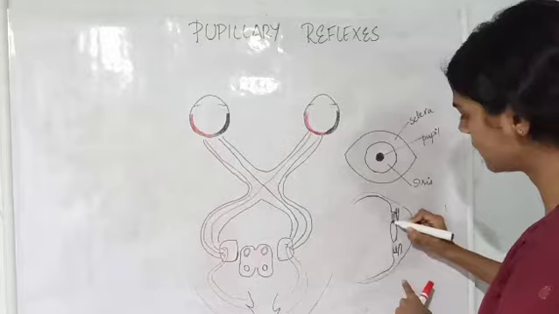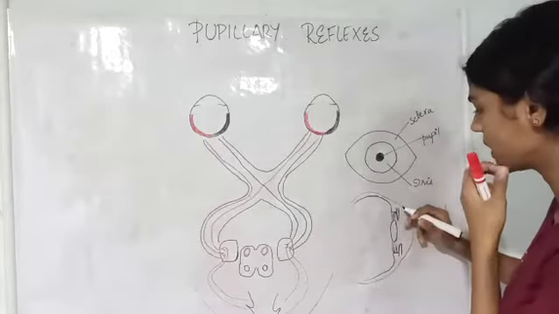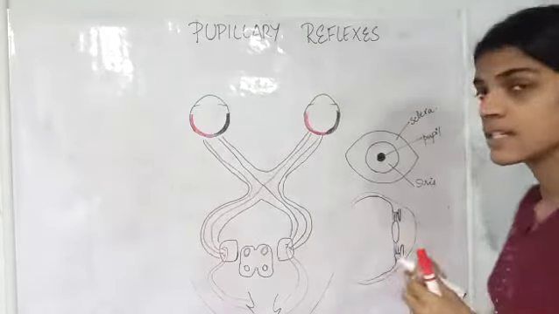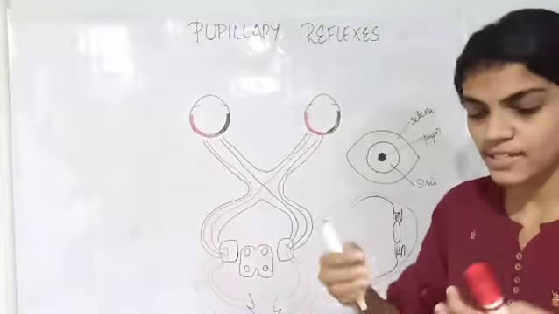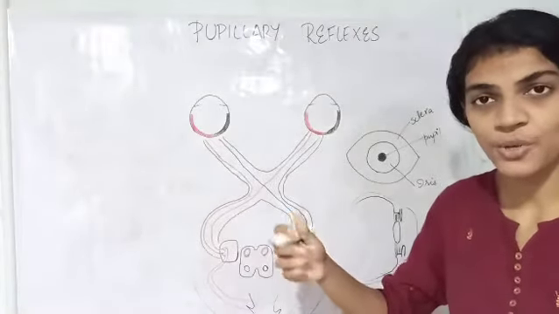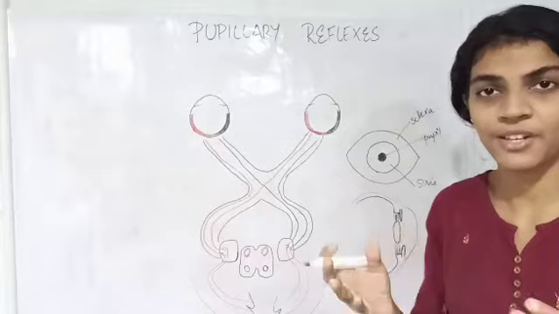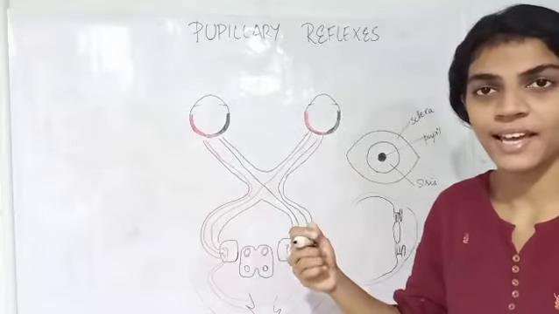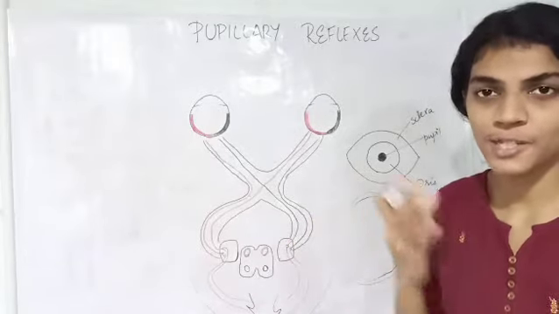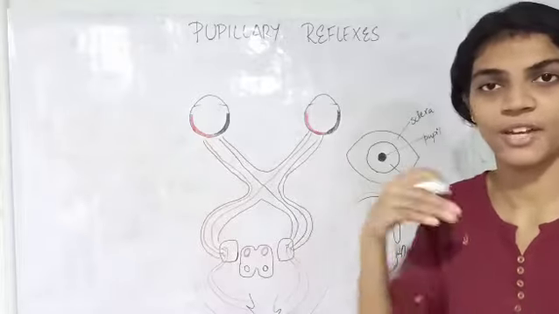The lens is held in position by the suspensory ligaments, which are attached to the ciliary body. The lens can be elongated and also compressed because of the pulling and compressing effect of the suspensory ligaments and also the ciliary body, which we will discuss later.